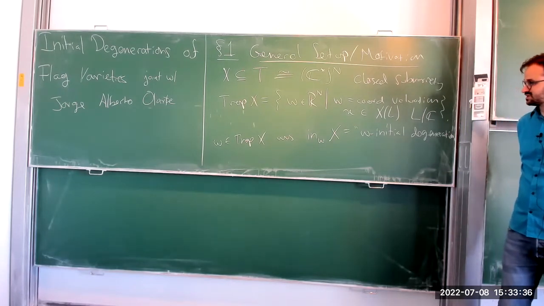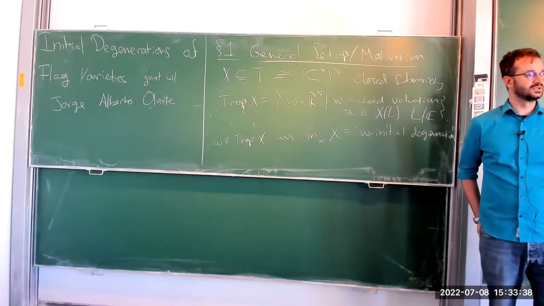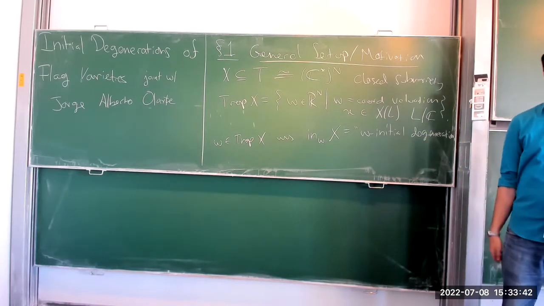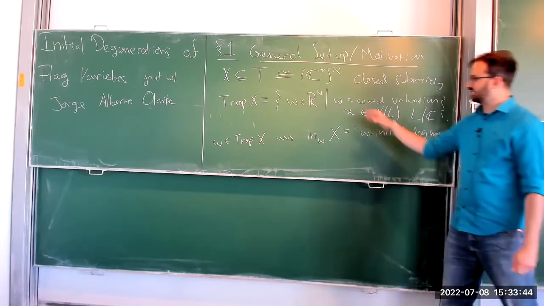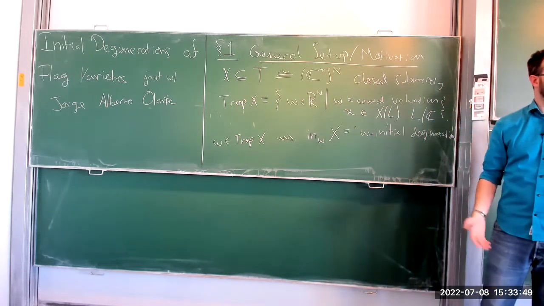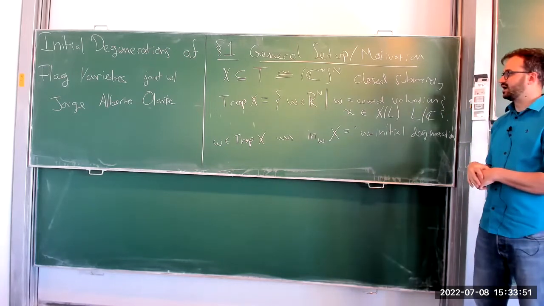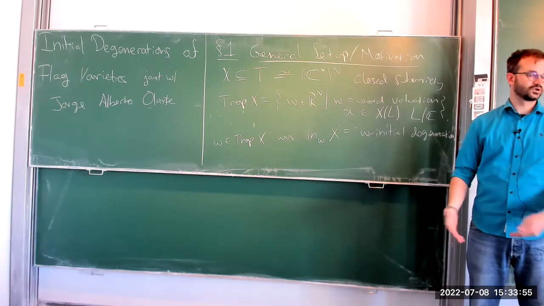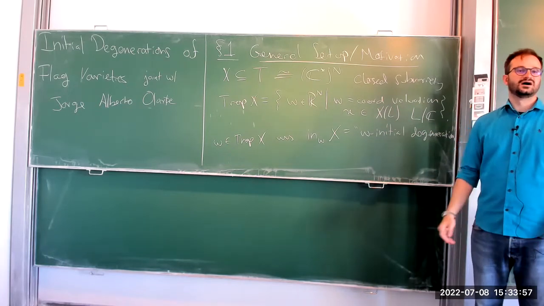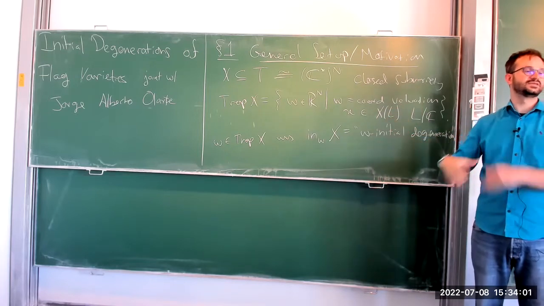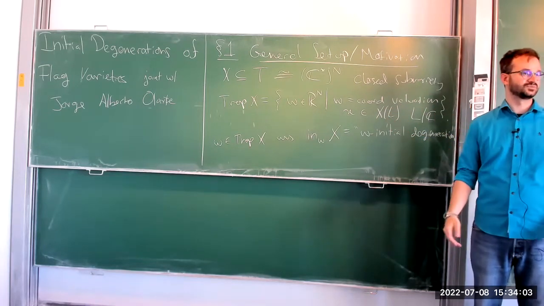It's a little bit cumbersome to write this out in detail, but X is defined by some ideal inside the Laurent polynomial ring in N variables. And using Gröbner theory, this vector W induces a term order, so you can take initial forms of the elements in your ideal, and then you take the ideal generated by those initial forms.